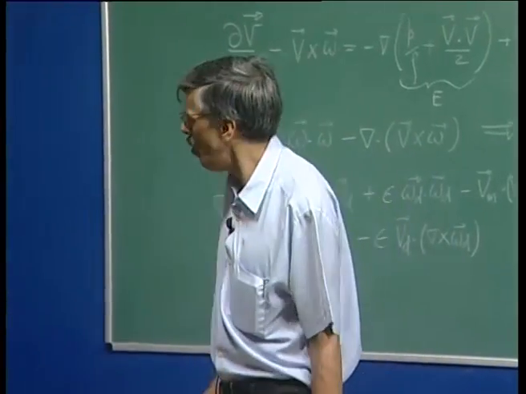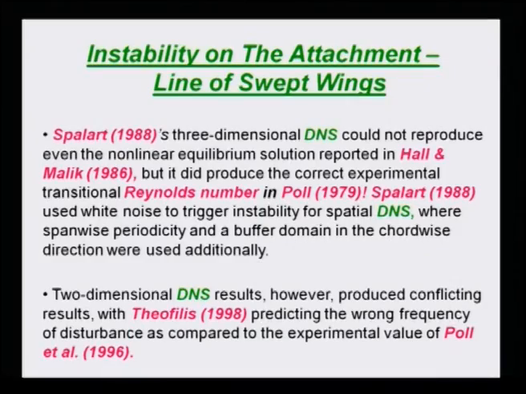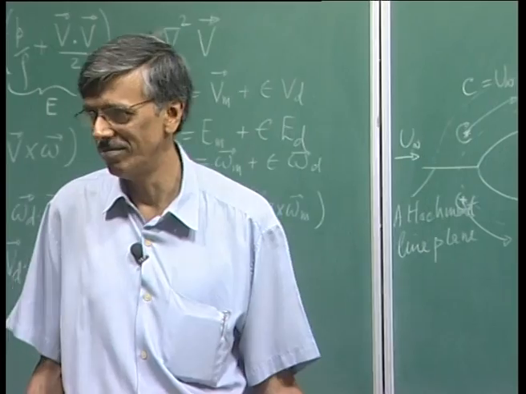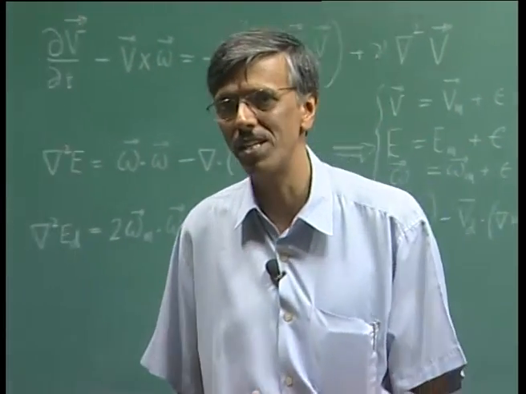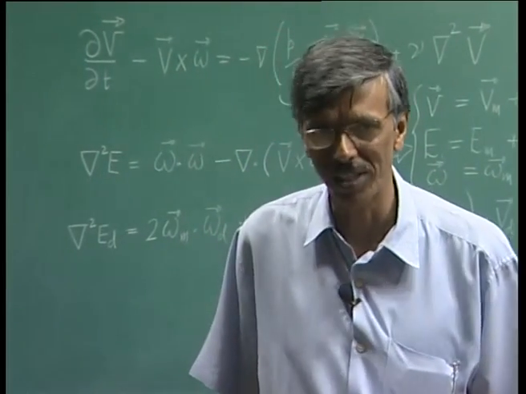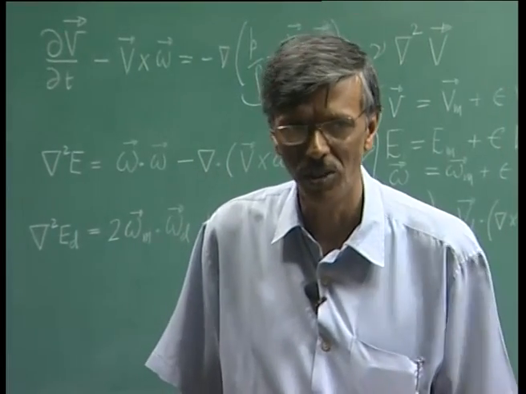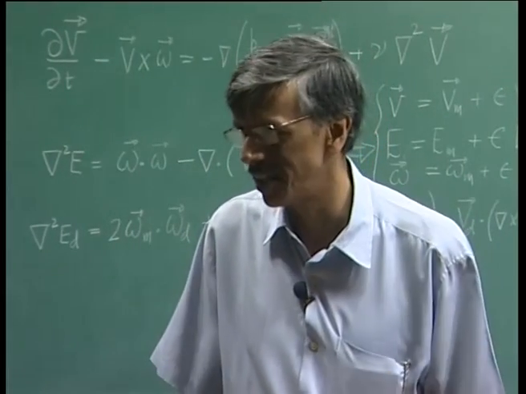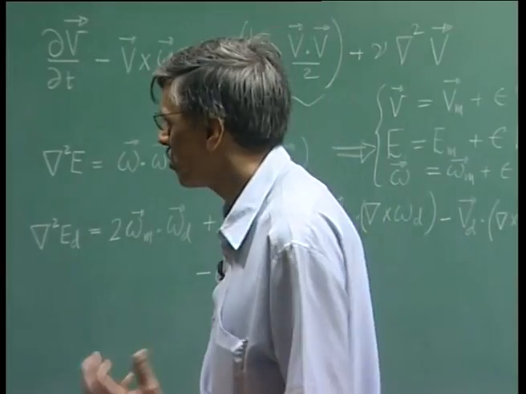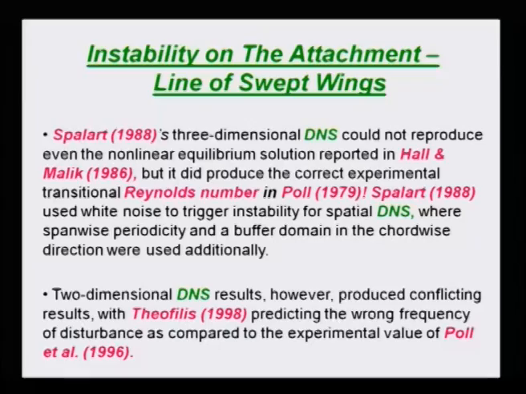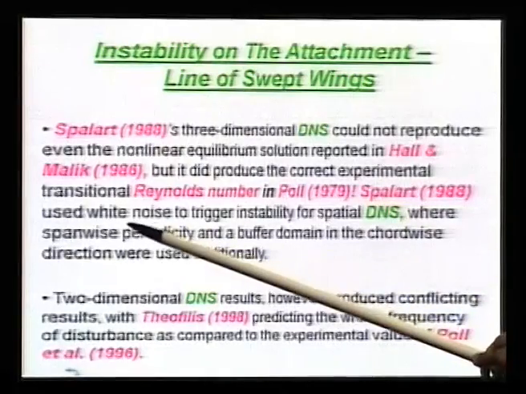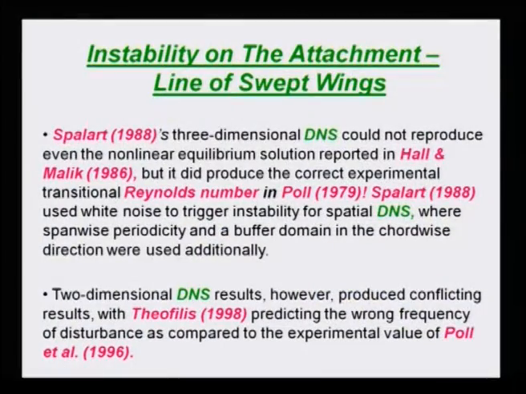Why we should not repeat what Spalart did is that Spalart actually used white noise to trigger instability. And our explanation here shows that it is a vortex induced instability. So, we have to create a vortical disturbance. That coherent vortical disturbance is never going to be represented by white noise.